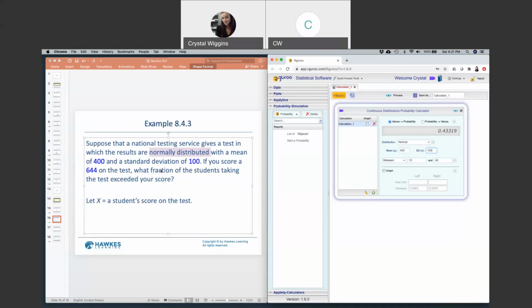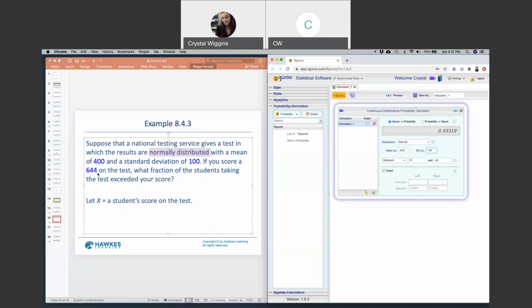So we want to know what is the proportion of students taking the test that exceeded your score. So we want to find the area to the right of a test score of 644, because that would be students who have exceeded your score.